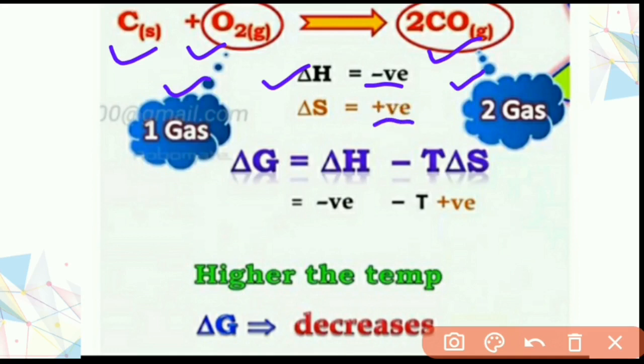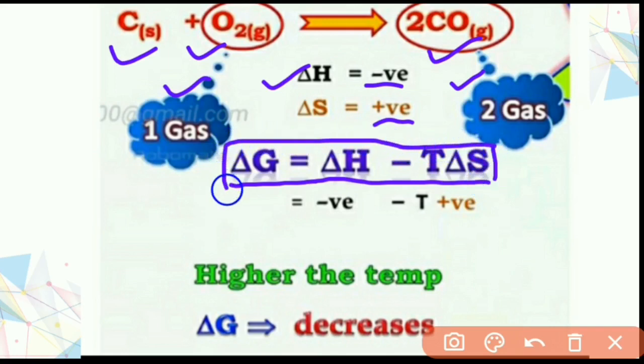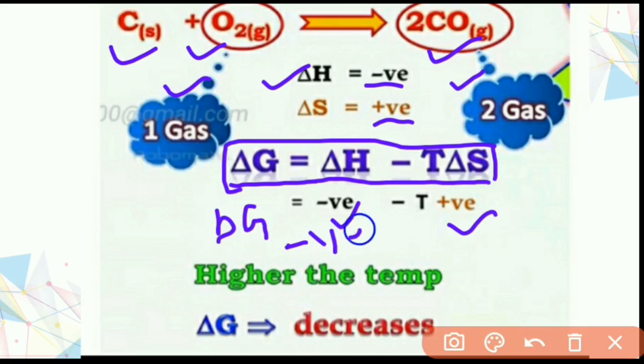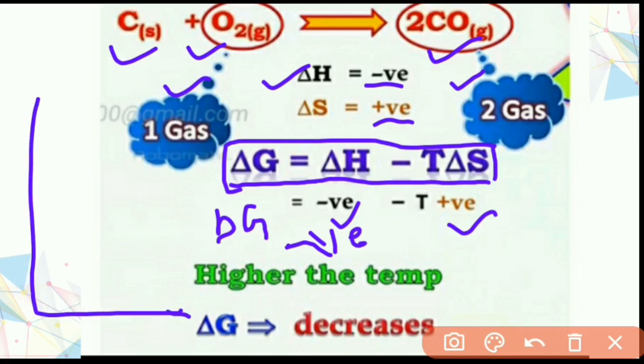Put the values of both del H and del S in the change in Gibbs energy equation. Del H is negative and del S is positive. So therefore at higher temperature the del G value becomes more negative, and the stability of the oxide, carbon monoxide, increases with increasing temperature.